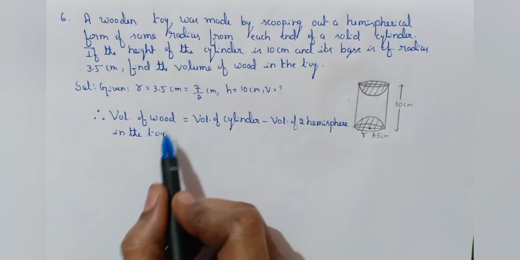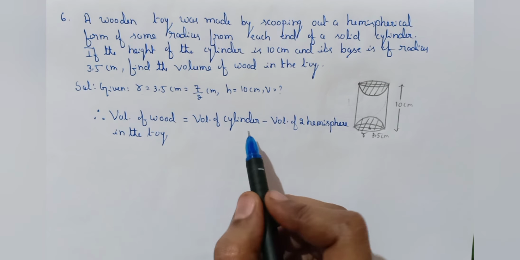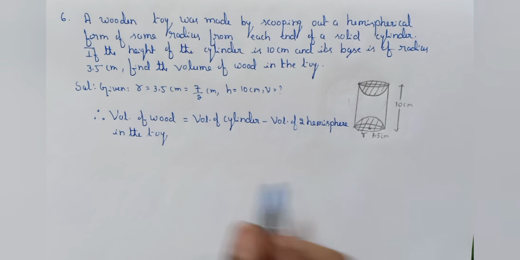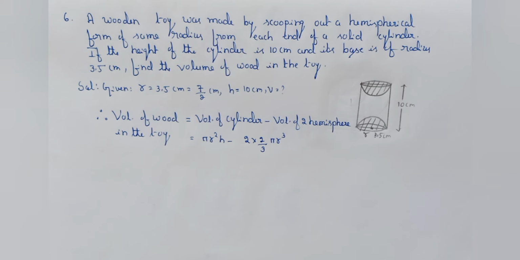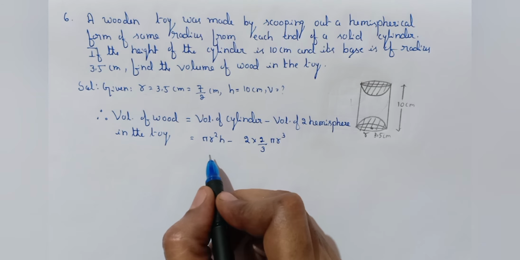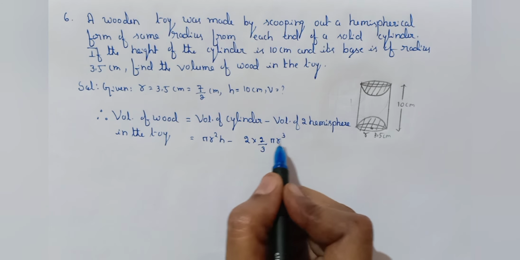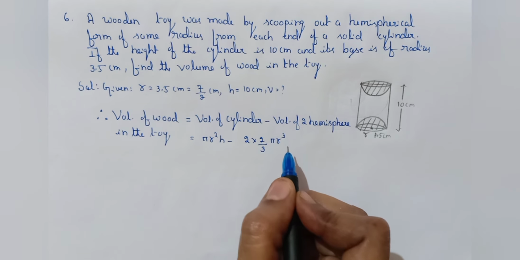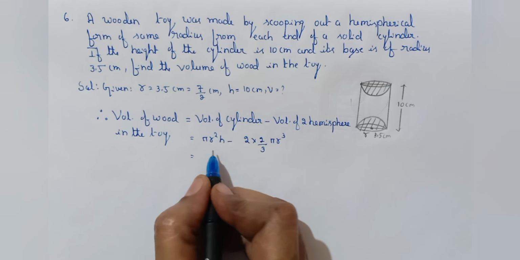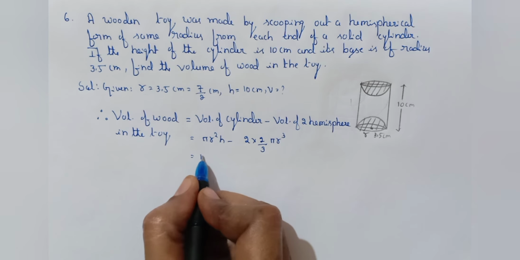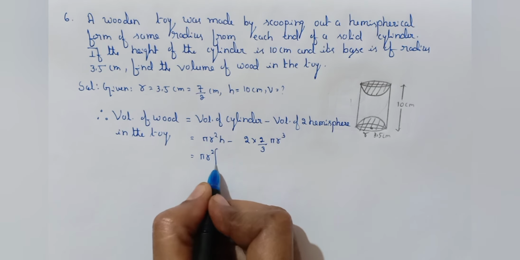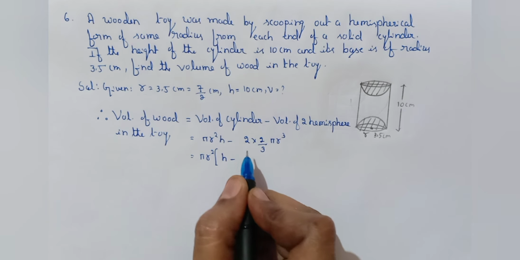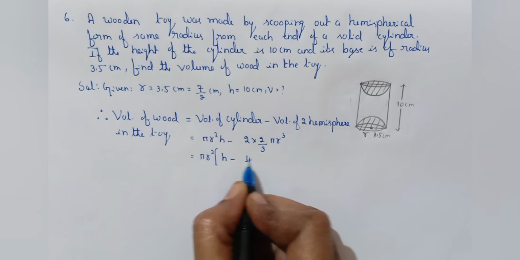Therefore, the volume of the wood in the toy is equal to volume of the cylinder minus volume of the two hemispheres. So, the volume of the cylinder is pi r square h, minus volume of the hemispheres is 2 into 2 by 3 pi r cube. Here we can take pi r square common factor, then the terms remaining are h minus 4 by 3 r.